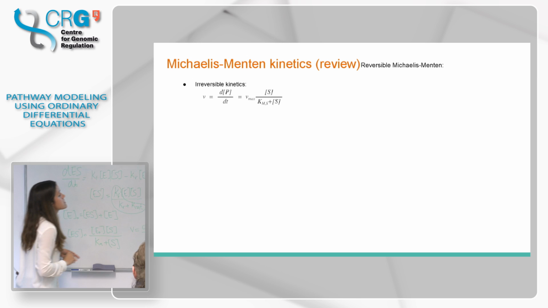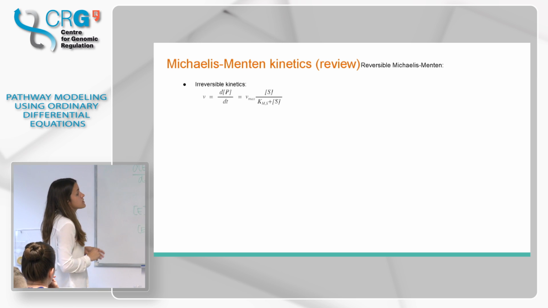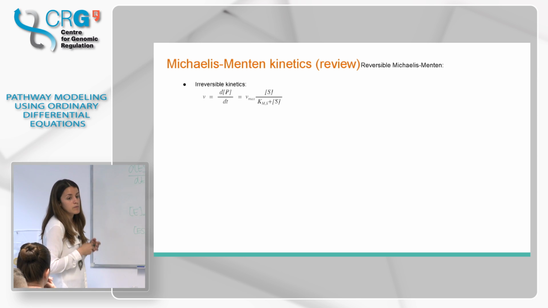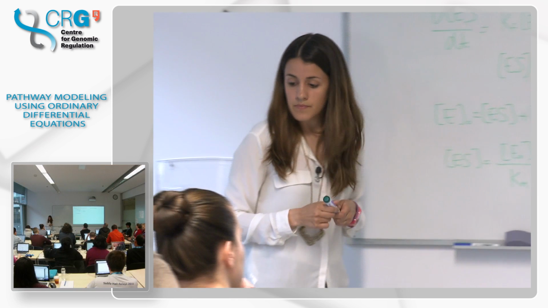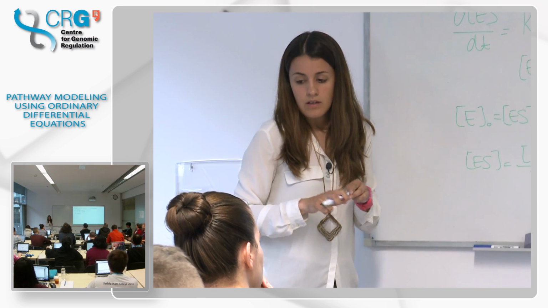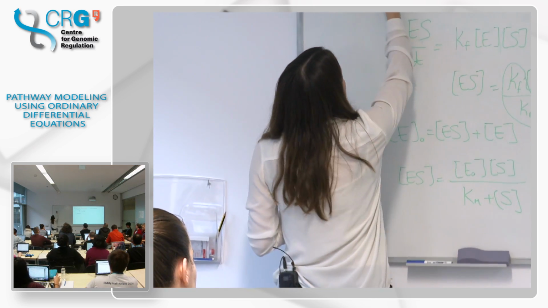But now what happens in biology is that most of the reactions that we're going to be working with are reversible. So when we have reversible kinetics, we have this.